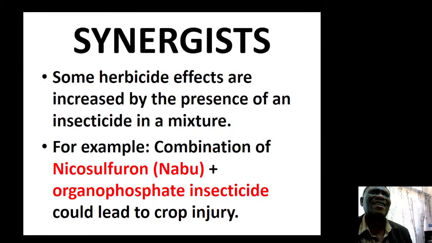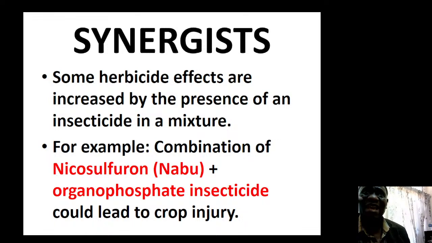Synergists, nicosulfuron, if it is contaminated with an organophosphate insecticide, usually this happens when tanks used during spray are not cleaned properly, or people may just mix the herbicide and the insecticide together in order to save on fuel.